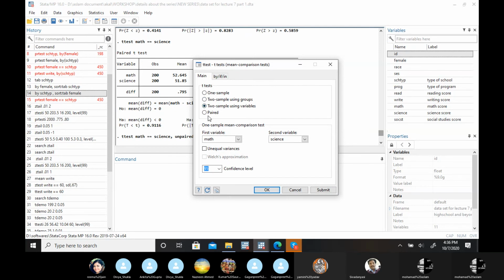If you think it's paired, a dependent case, then you can use the paired test. So this is the only difference. Both cases are for two different variables. But if it's a pair, then you have to select the paired option.